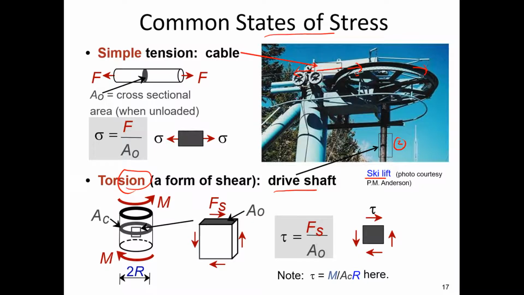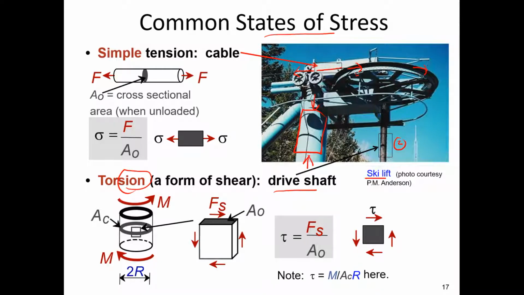Alright, and then another one is this column, or we call it a support pillar. This support pillar basically experiences some compressive stress. So these are some stresses that exist in this ski lift.